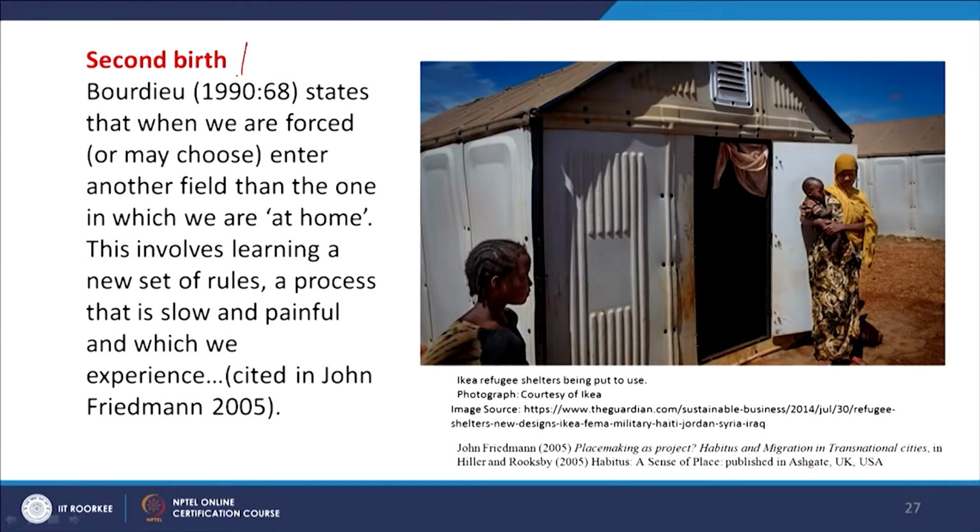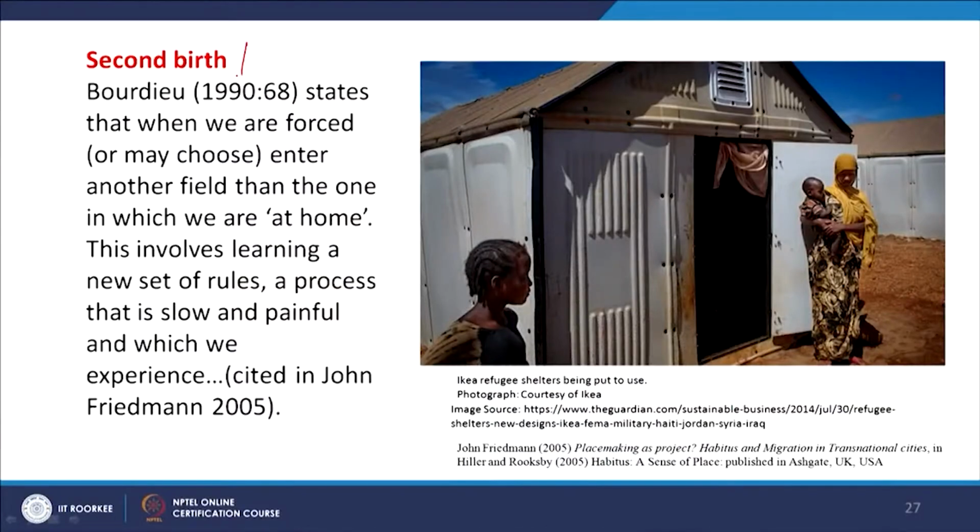These are some of the refugee homes which were created by IKEA. People from Syria or Afghanistan were forcibly given these kinds of prefab elements to use. It could be tent cities, it could be camps, it could be many other forms, because they are forced to enter a different field.